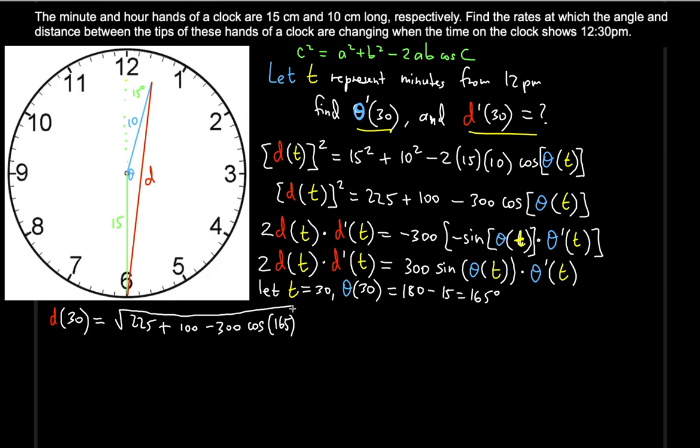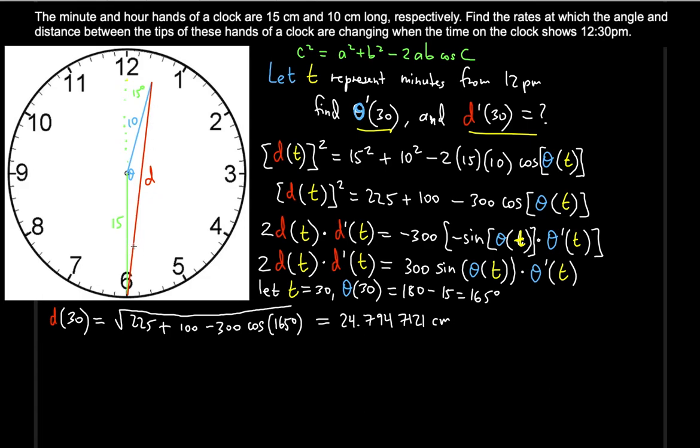Now this is in degrees, so be careful that you include that. So what is that going to be? That's going to be 24.7947121 centimeters. So that's the distance that we found.